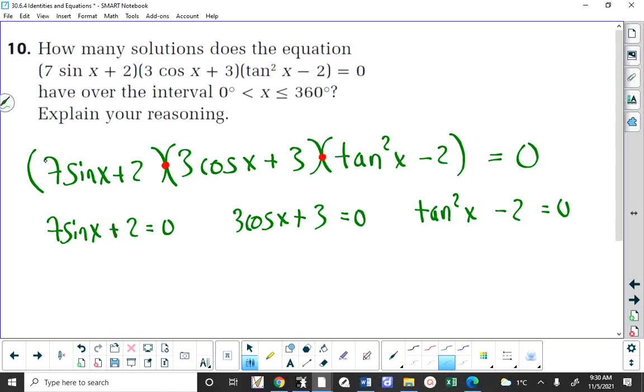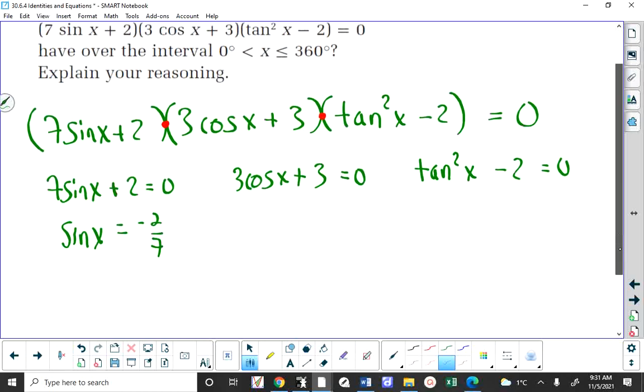If we were to begin to solve this first equation, we would have sine of x is equal to negative 2 over 7. And negative 2 over 7 is a number between negative 1 and 0. I'm thinking that way because sine is the y coordinate on the unit circle.